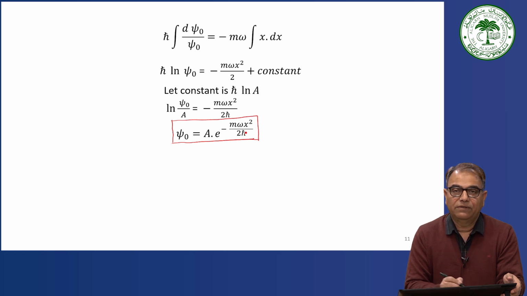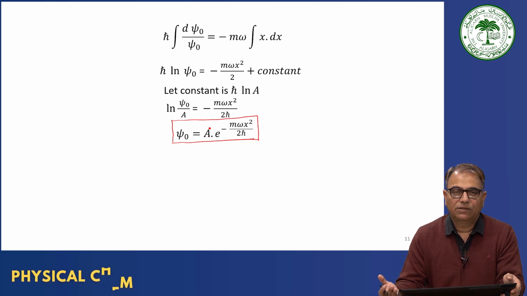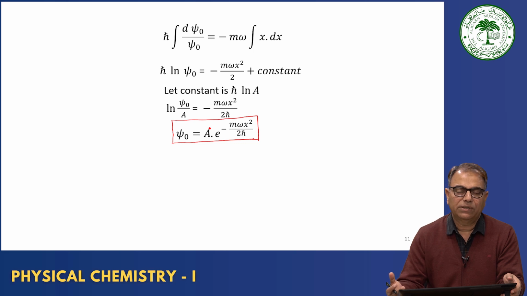This constant a we do not know, so treat it as a normalization constant. You apply the normalization condition and find the value of a, which we did earlier also. We found the Schrodinger wave function for a simple particle in a one dimensional box, and then we normalized it, and the same way we did for others also.